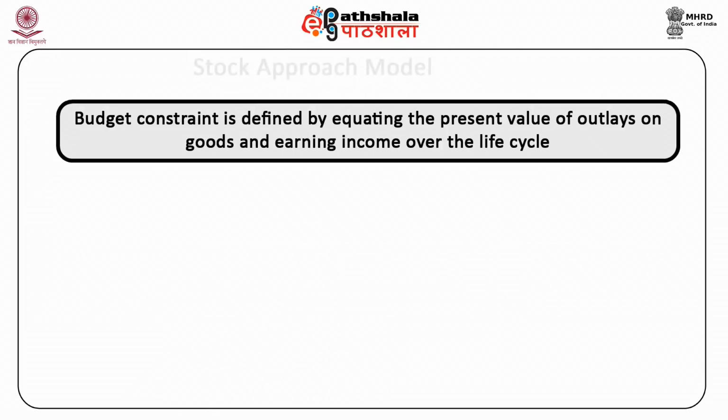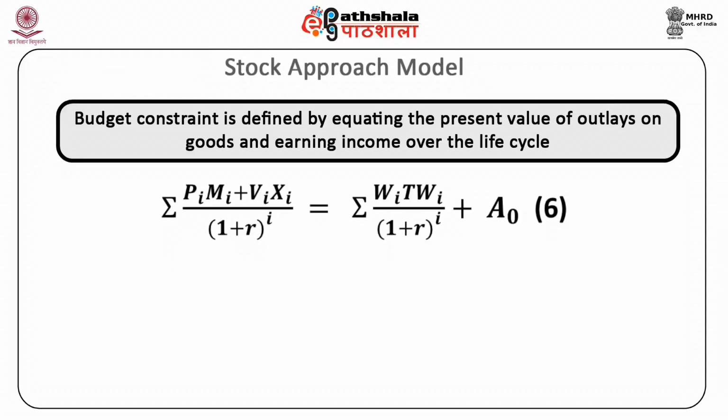The budget constraint is defined by equating the present value of outlays on goods and earning income over the life cycle. Summation (Pi Mi + Vi Xi)/(1+r)^i = summation Wi TWi/(1+r)^i + A0, Equation 6.